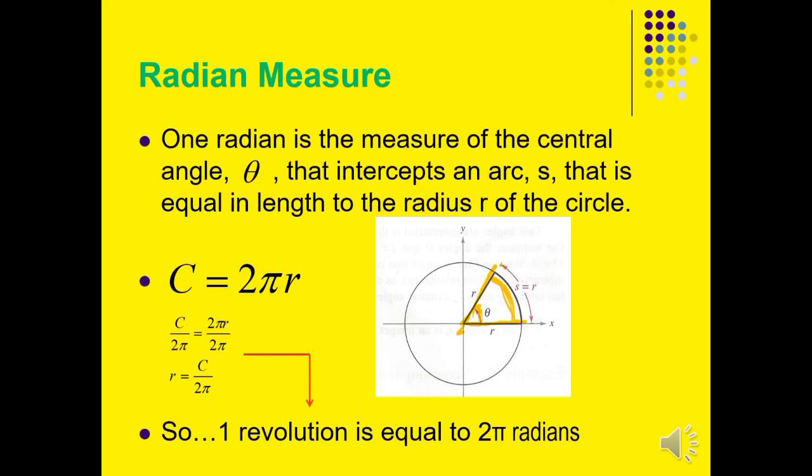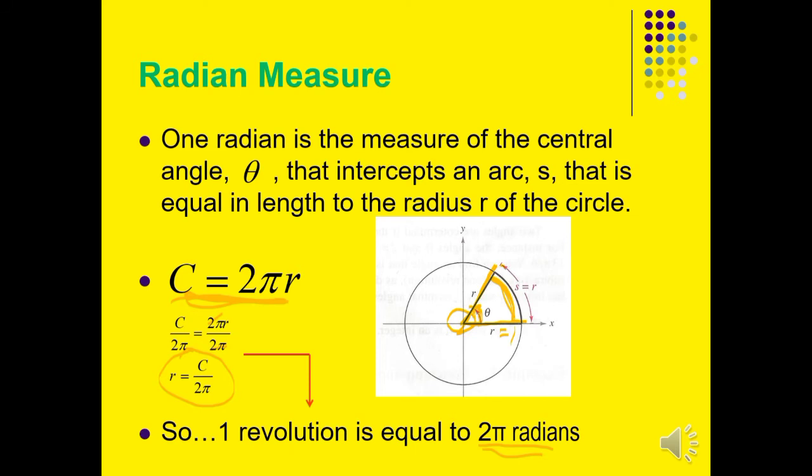Take note that we are going to understand the concept of the circumference, which is equal to 2 pi r. So r is c over 2 pi, because we divide both sides by 2 pi, so it is cancelled. Take note that one complete revolution is equivalent to 2 pi radians, because r is equivalent to 1 in the unit circle.